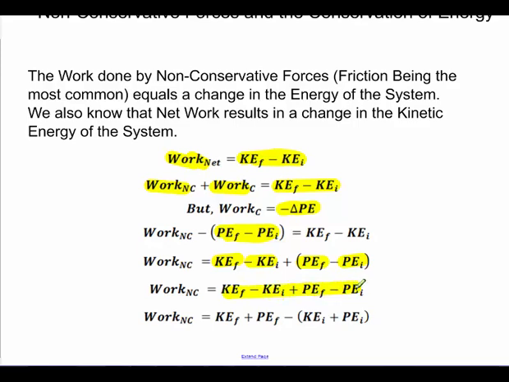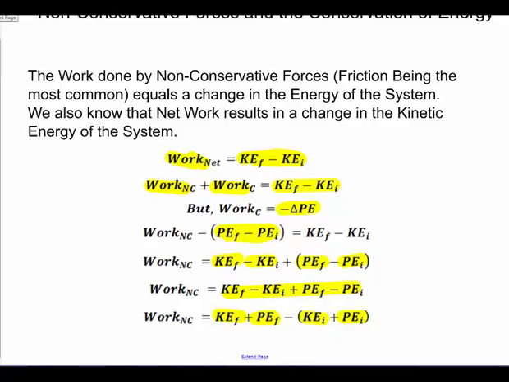Now, if I bring the finals together, I can say that the work done by non-conservative forces is equal to the final kinetic energy plus the final potential energy minus the initial kinetic energy plus the initial potential energy.